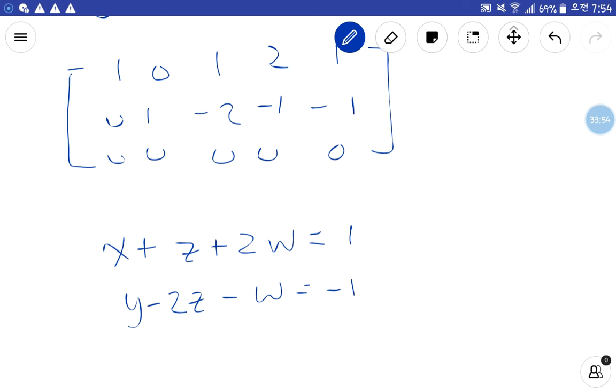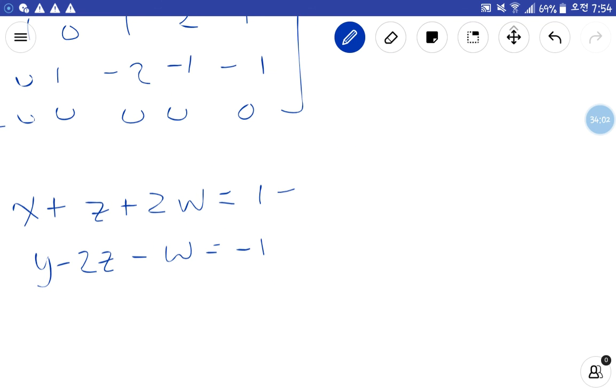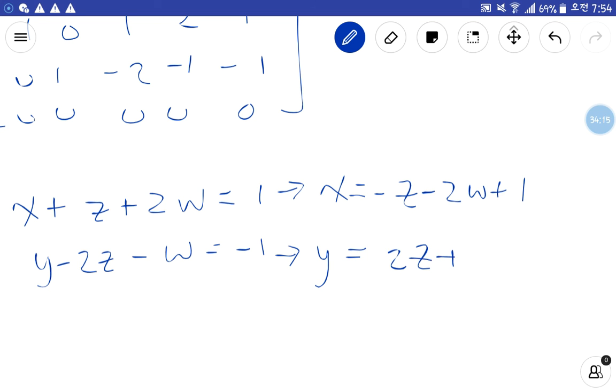So write it in terms of x and y. And that would be x equals negative z minus 2w plus 1. And your y equals 2z plus w minus 1.